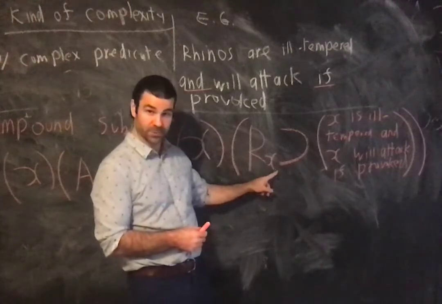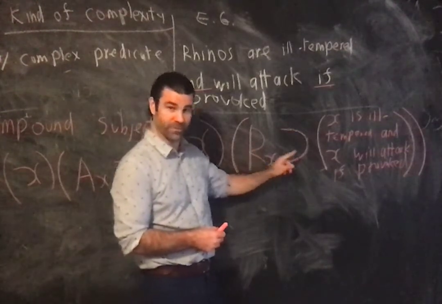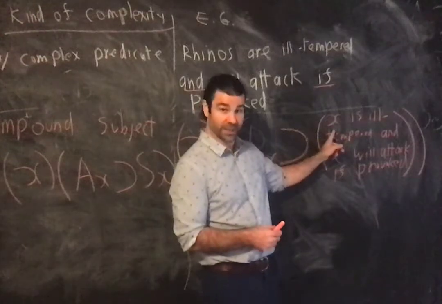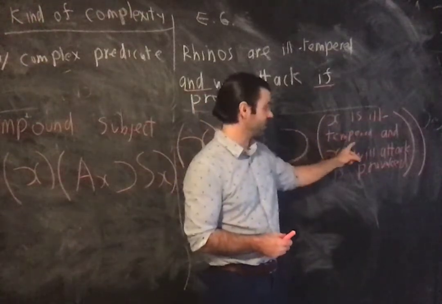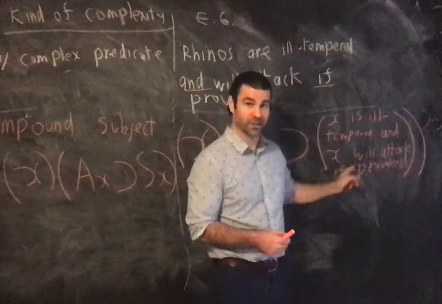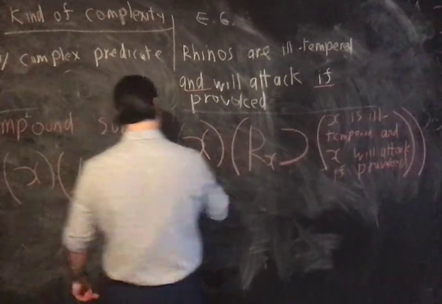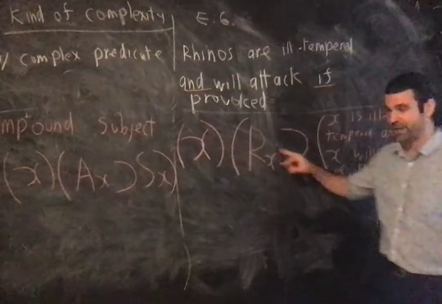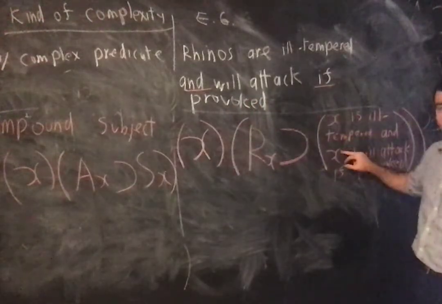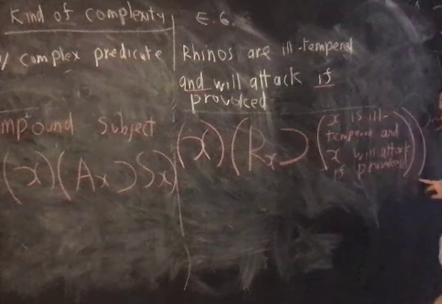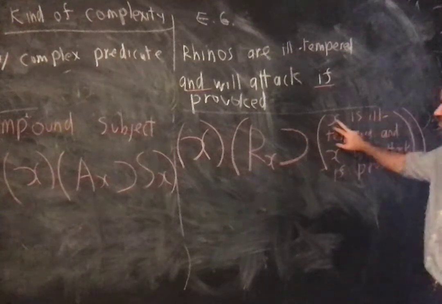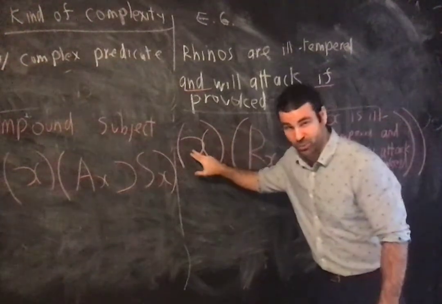If that particular x is a rhino, then that particular x is ill-tempered, and that particular x will attack if provoked. This universal quantifier binds the x here, binds everything within the scope of the quantifier. So this x refers back to the quantifier.